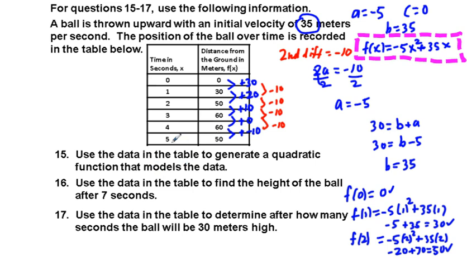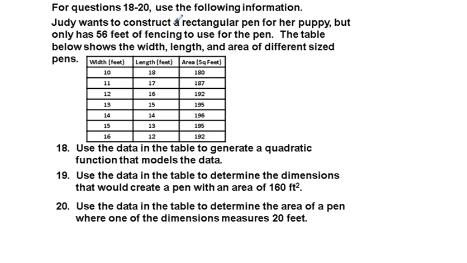You should be able to continue the table to do number 16, 17. And then you have 18 through 20, which is Judy constructing this rectangular pen using a quadratic function similar to what we've done in the past. So as always, good luck and thanks for viewing.